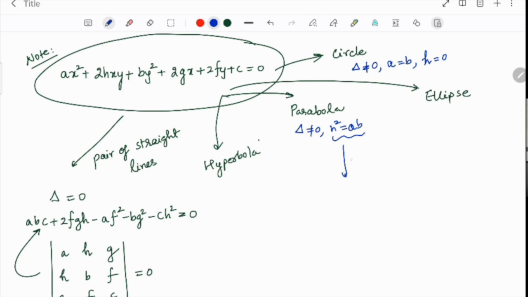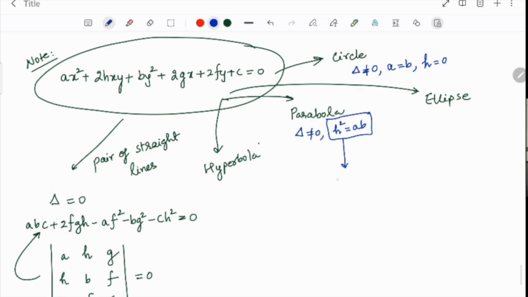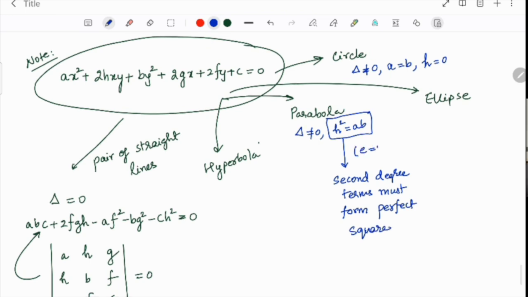Saying h² is equal to ab is the same as, in English, saying the second degree terms must form a perfect square. Or also the same as saying eccentricity is 1.